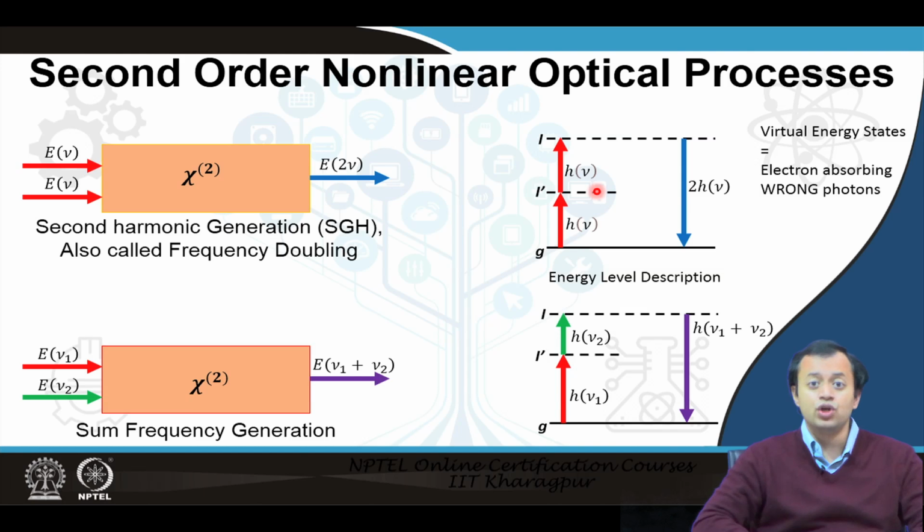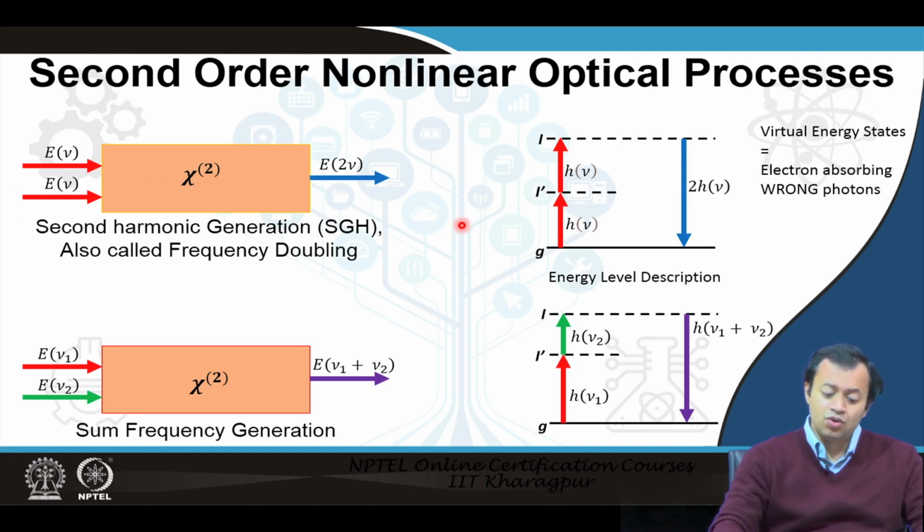Thus far, I have told you that an electron will only absorb a particular frequency of photon, and if that frequency matches that of the band gap, it will go upstairs, and then after some time, etc., you know the whole detail. But now I am telling you that the electron can also absorb half the energy of that photon, or a wrong energy of photon, and go only half way, where it can create its own virtual energy state.